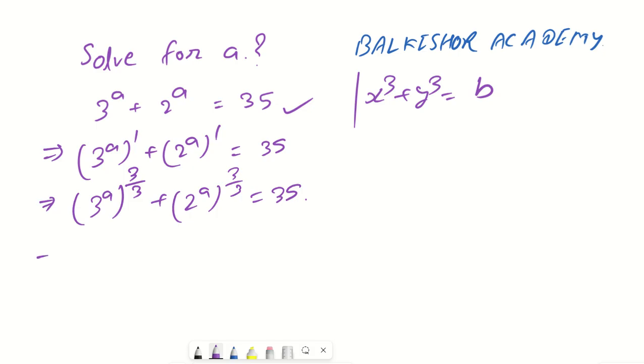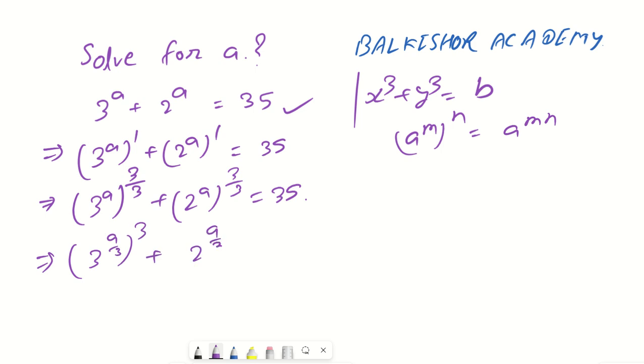Now I can take one of the three inside by using the formula a to the power m to the power n is equal to a to the power mn. So using that we can write it down as 3 to the power a by 3 whole cube, right, plus 2 to the power a by 3 whole cube is equal to 35.